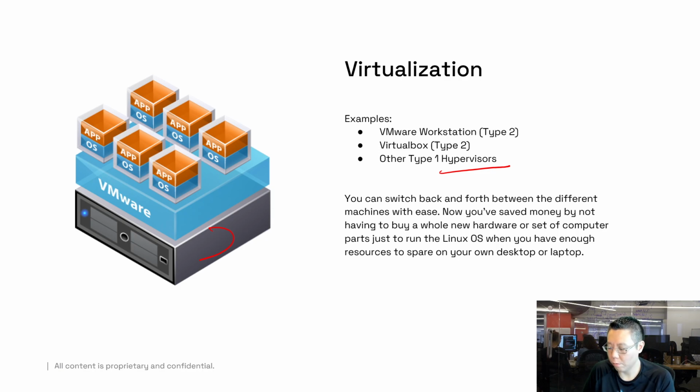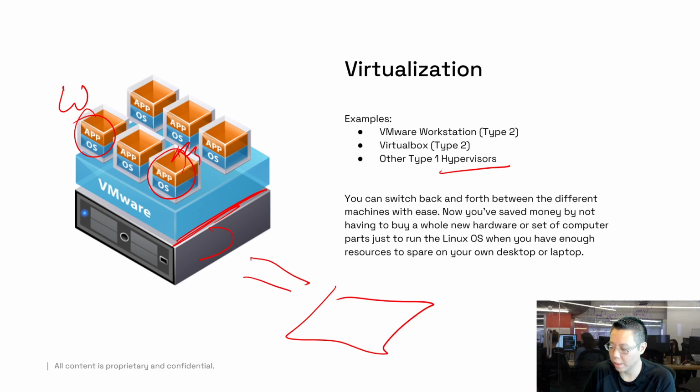Type 1 hypervisors are really there to say, hey, install me on your server or your desktop, and from there, you can create virtual, logically distinct machines on me using all the resources you have, and you can run your Windows, run your Mac, run any other Linux OS and application combination together on the same hardware, consolidating and cost saving and sometimes higher performing, because now you don't have two computers over a slower network trying to talk to each other.